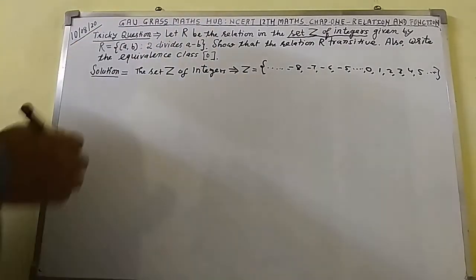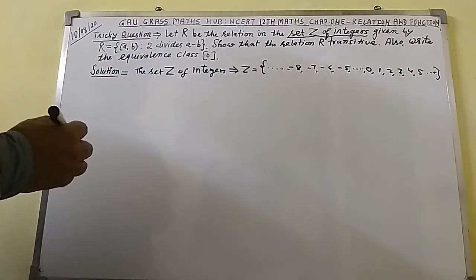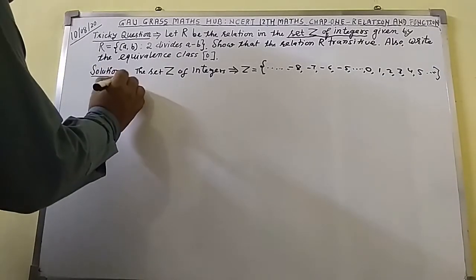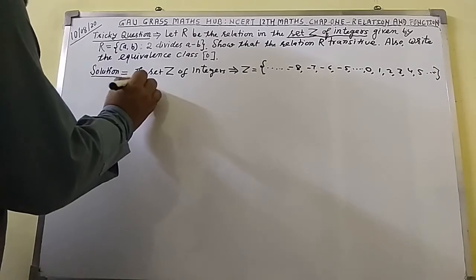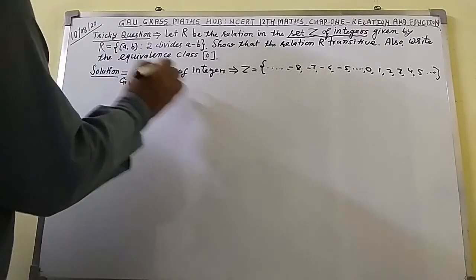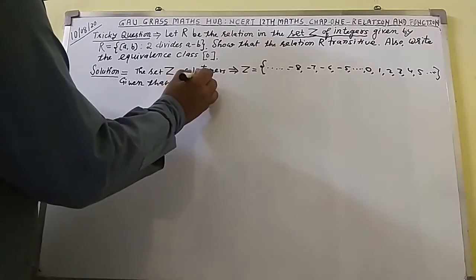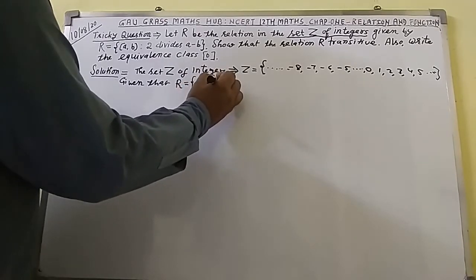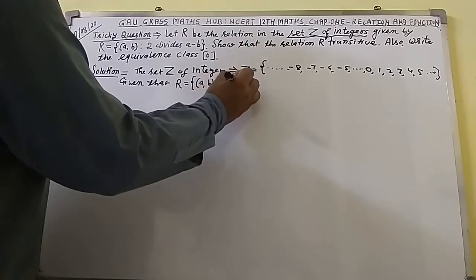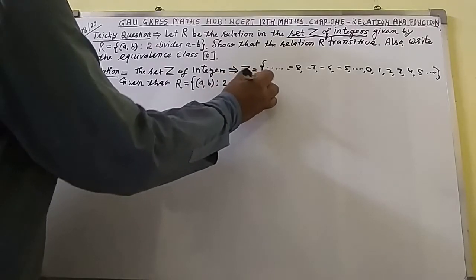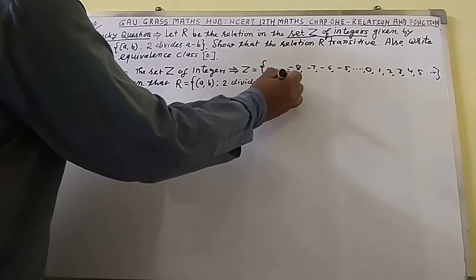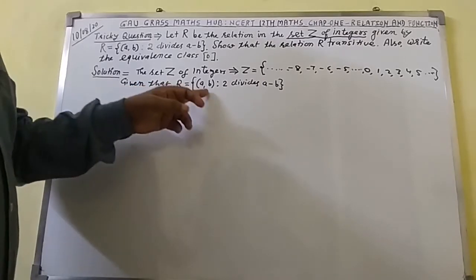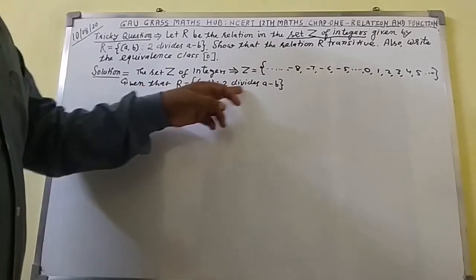Now, capital R is a relation defined as: given that capital R equal to curly bracket ordered pair (a, b) such that 2 divides a minus b curly bracket.